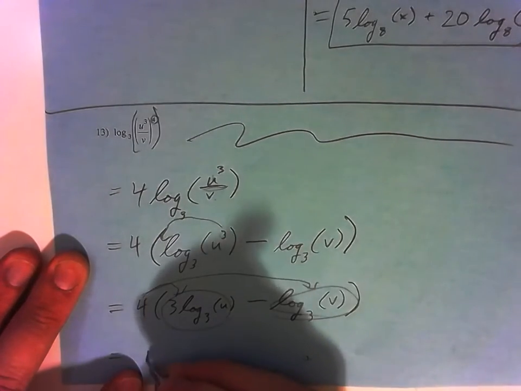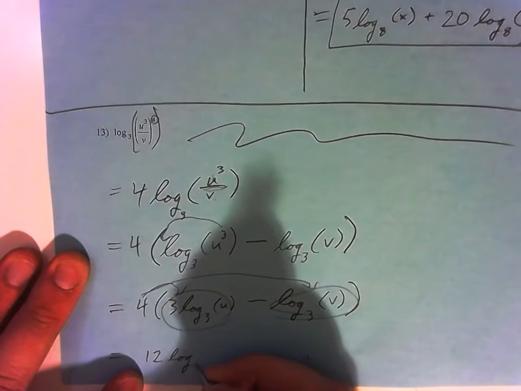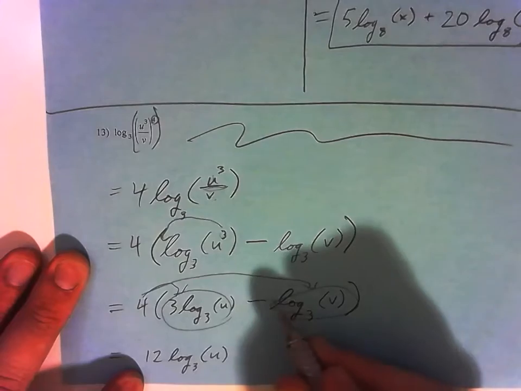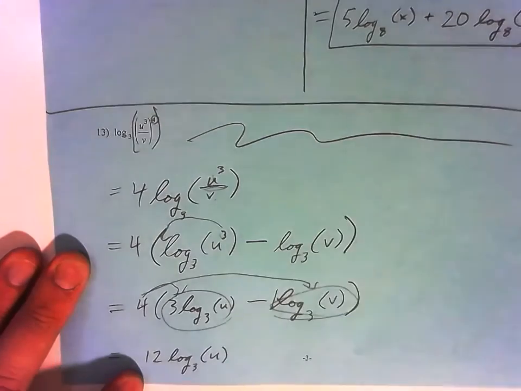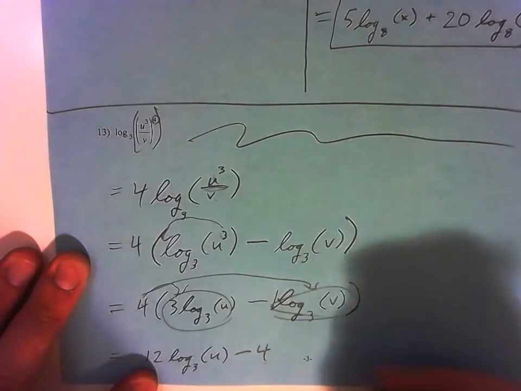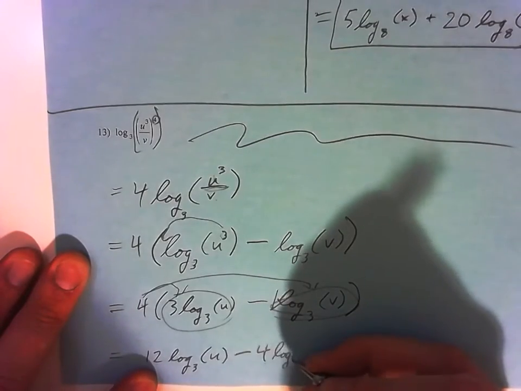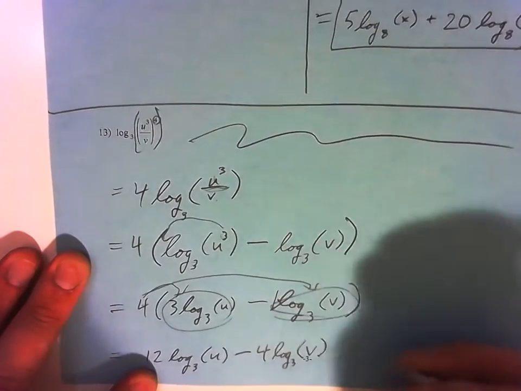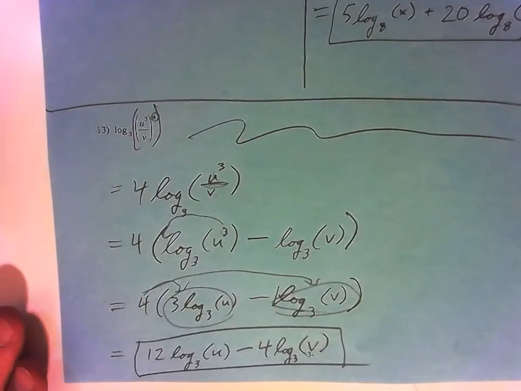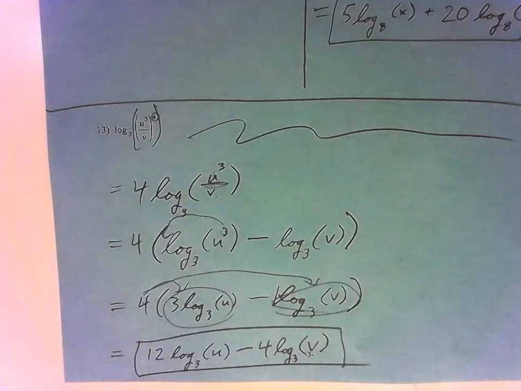So 4 times 3 is 12. And 4 times 1 is 4, or negative 1 would be negative 4. So we've got 12 log base 3 of u minus 4 log base 3 of v. Hooray!